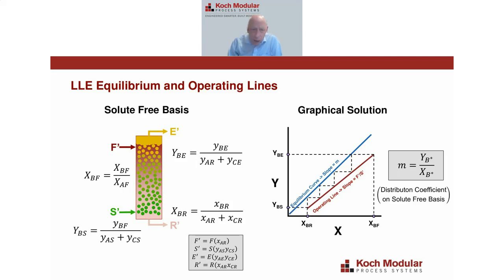The lower part of that operating line would be the other end of the extraction column, where the solvent comes in and the raffinate goes out, okay? So once you have these two lines drawn, then using the stepping procedure you use for McCabe-Thiele, you can calculate the number of theoretical stages that are going to be required for your process. Now that operating line will change depending on your solvent to feed ratio. So as you increase your solvent to feed ratio, it'll move away from the equilibrium curve, meaning you would need less stages.